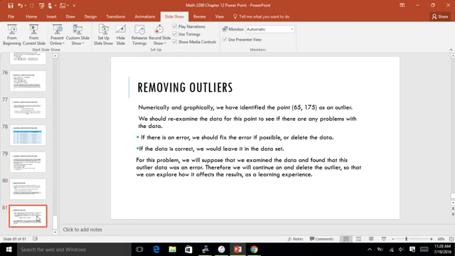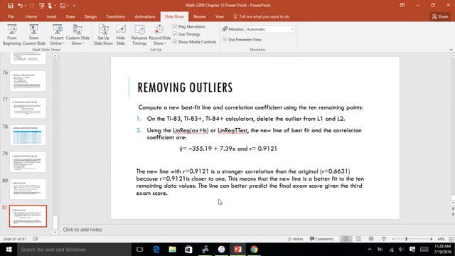So we delete it, and then go back through and run the whole thing again using the LinReg t-test, and we get a new line of best fit and a new R. In that new line, R is 0.9121, which is a very strong positive correlation, and it's stronger than the original 0.6631. That means the remaining 10 data values are a better predictor than the 11 when we took out the outlier. Why do we know that? Because of this R value.